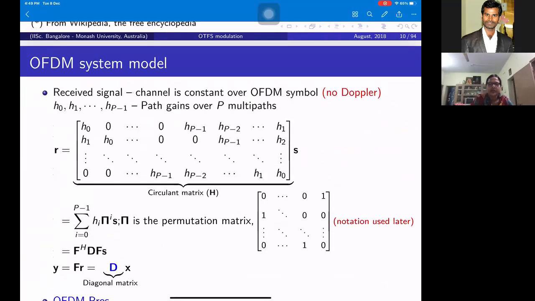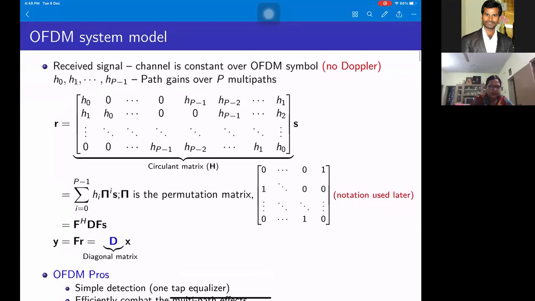Even if the symbol duration is 1 millisecond or 1 nanosecond, the channel is very dispersive. That means a Doppler effect is also happening. Why Doppler? Because you are moving and the channel is moving. And suppose the other mobile is also moving. If both are moving, there is always a Doppler possibility.